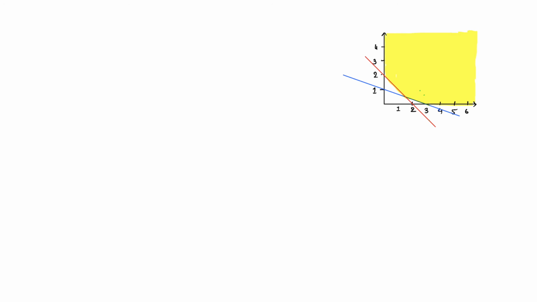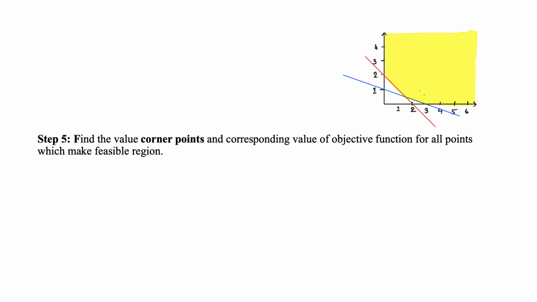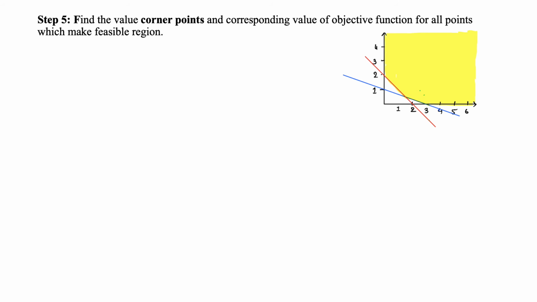Now comes the fifth step. The fifth step is to find the corner points and the corresponding value of my objective function for all the corner points which make my feasible region. So the first corner point, if I see, is this one. Second, third, there are 3 corner points. Its value is A (0, 2).